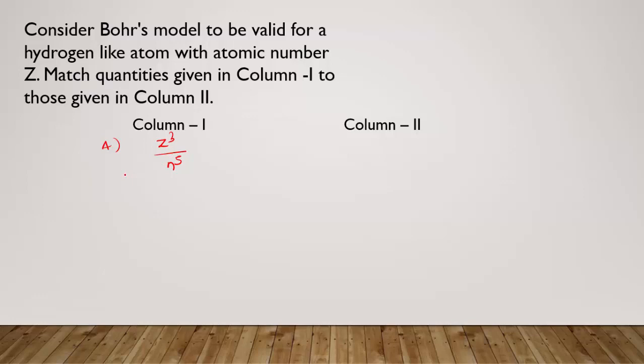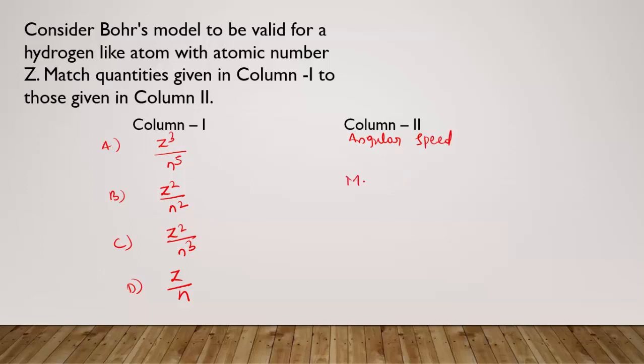Already all these values are given in your CD materials. B, Z square divided by n square. C, Z square divided by n cube. D, Z divided by n. And column 2, here the angular speed.